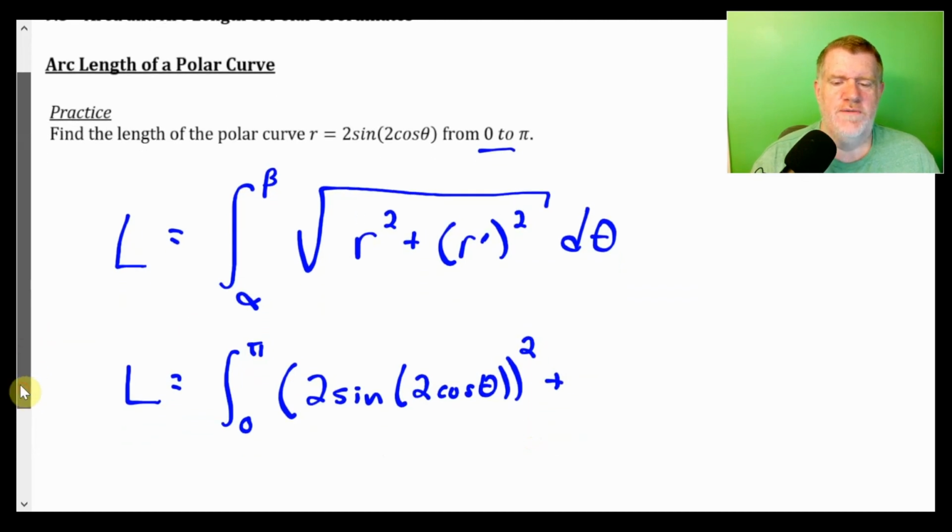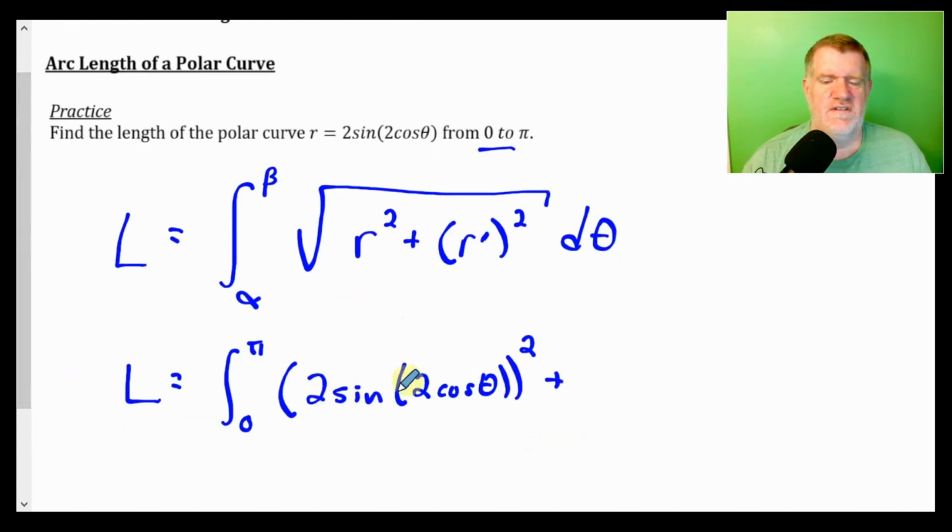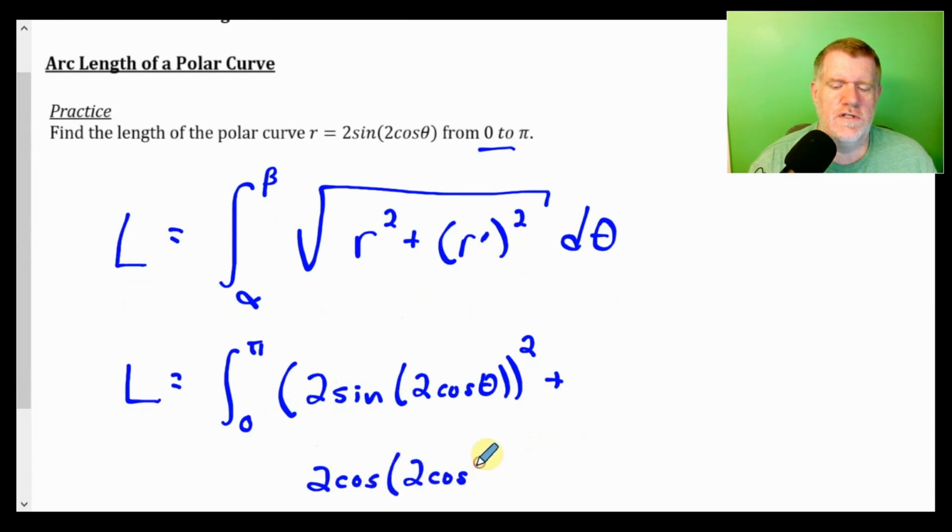So why did I do this to myself? Why did I pick a problem like this? I don't know. But let's see. The derivative of r would be, the derivative of sine is cosine of this function times the derivative of what's inside, which would be negative 2 sine of theta.